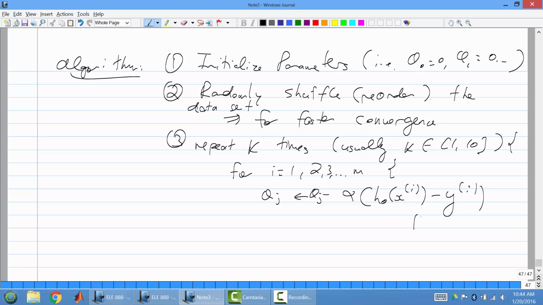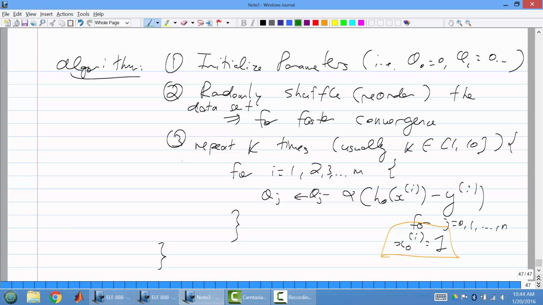This is for j equals 0, 1, all the way up to n. Also, x0 is just 1, for the bias term. So that's pretty much the only difference.